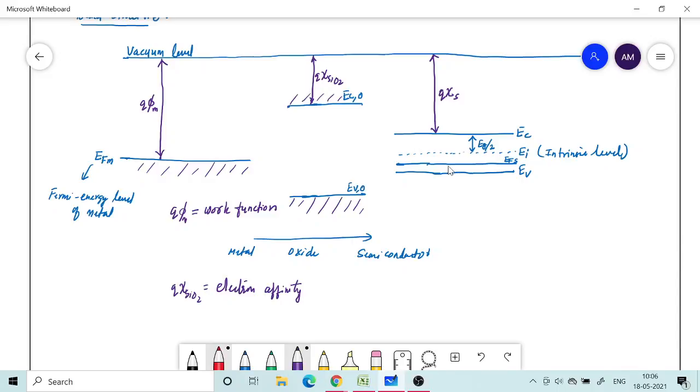But I will go slowly. So this is the electron affinity of SiO2. Similarly, Q into chi S is the electron affinity of the semiconductor.